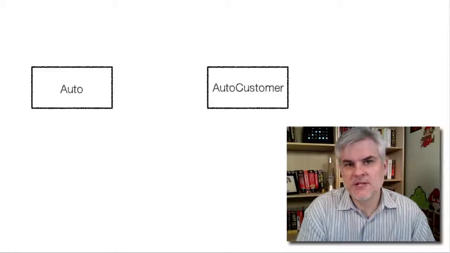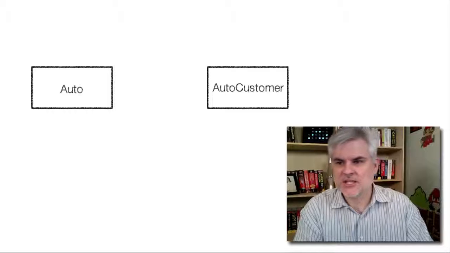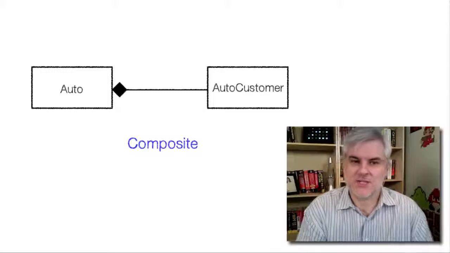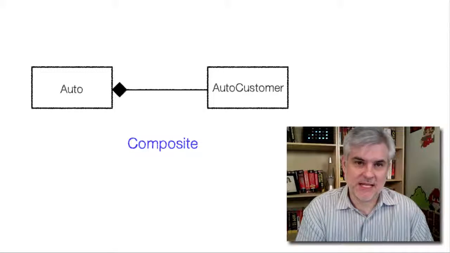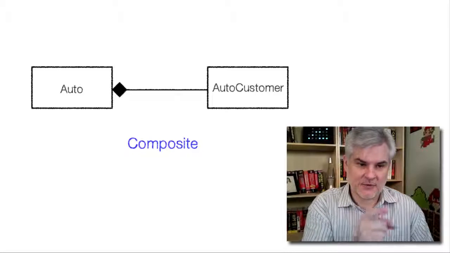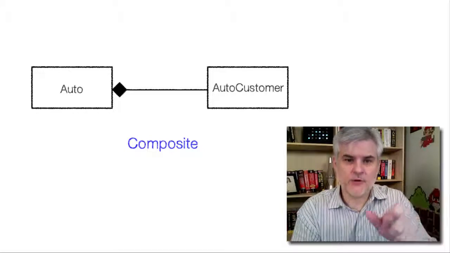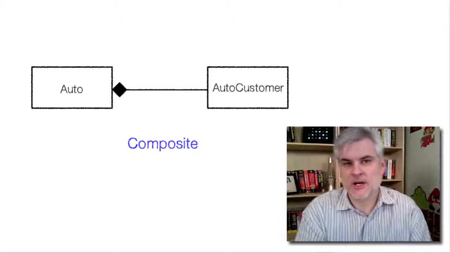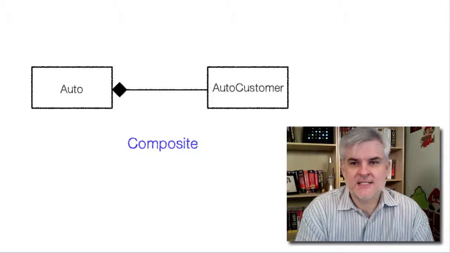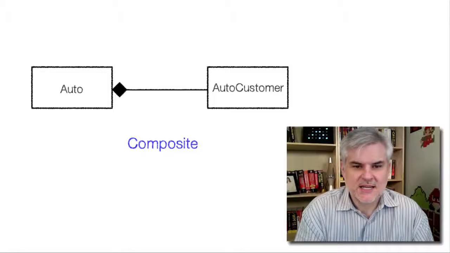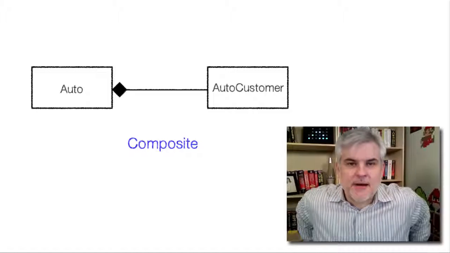However, if you really want to be a stickler for the notation, this is how you would represent a composite relationship, with a little diamond at the beginning of that line that represents the auto owns or has an auto customer. Okay, so that is how we would represent a composite relationship.